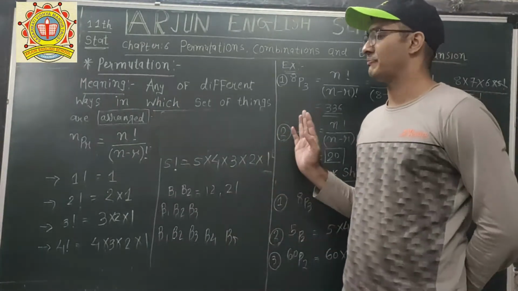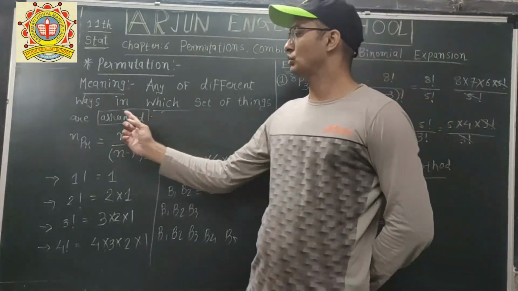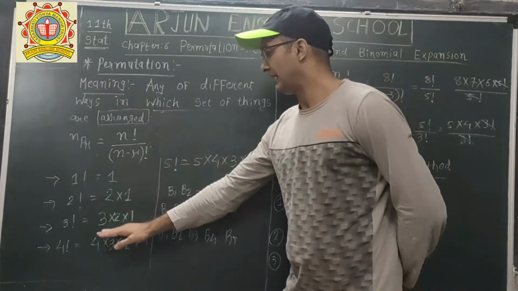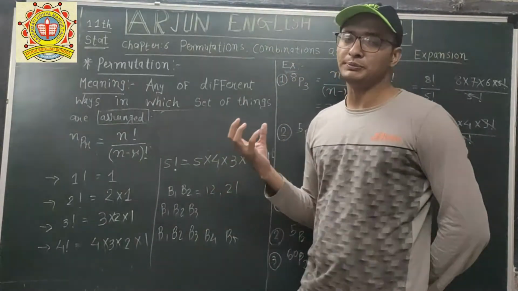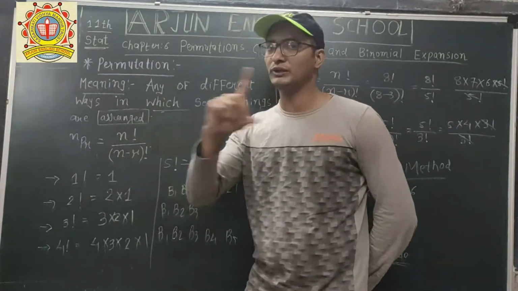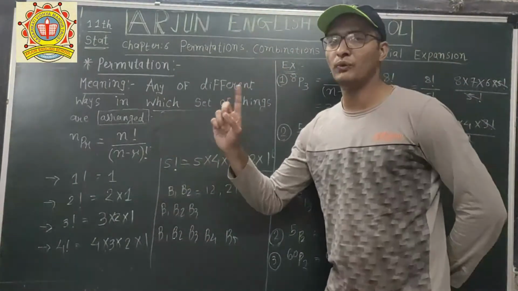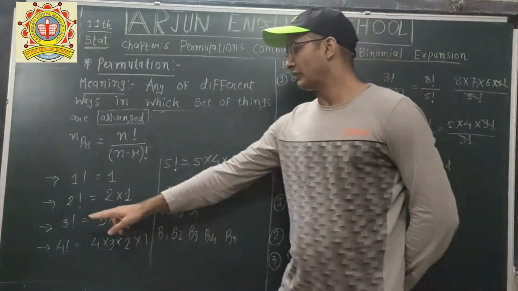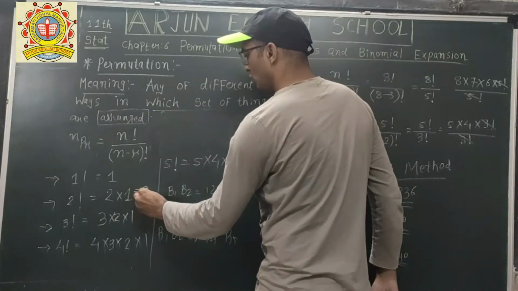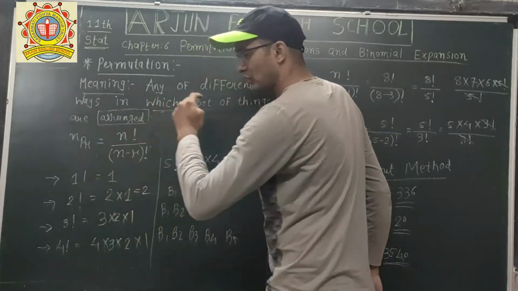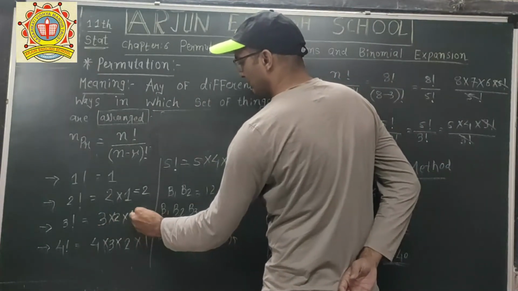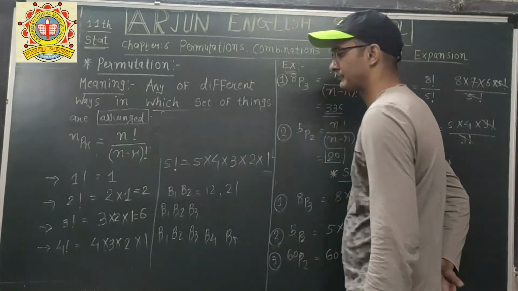Okay, so now we have to solve different sums here, but before solving these sums there are some examples specific to factorial that we have to understand properly. First of all, 1 factorial is 1. 2 factorial is 2 multiplied by 1, which comes to 2. 3 factorial is 3 multiplied by 2 multiplied by 1, the answer is 6.